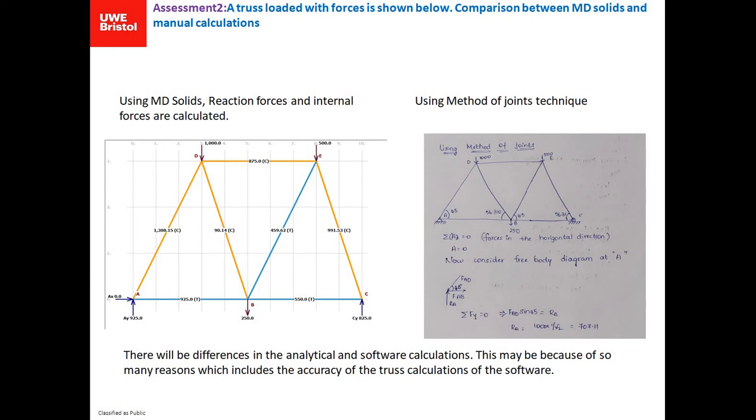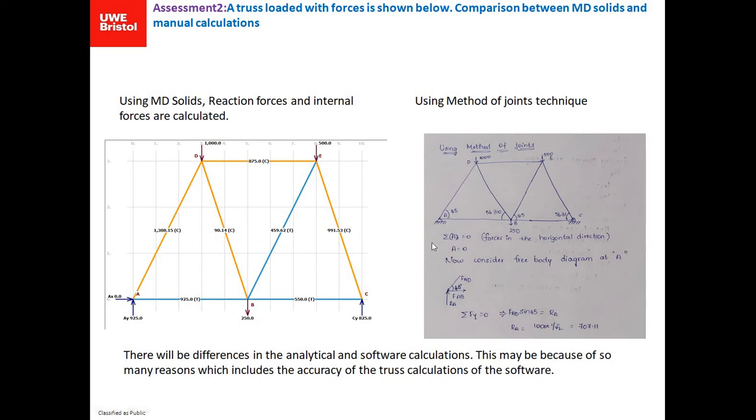Okay, then the results of the analytical calculations and the software calculations are different. Why? Because in the software some assumptions are made and the calculations are carried out upon those assumptions, and in another case we can simply say that it will evaluate more accurate results when compared to analytical results. Why?